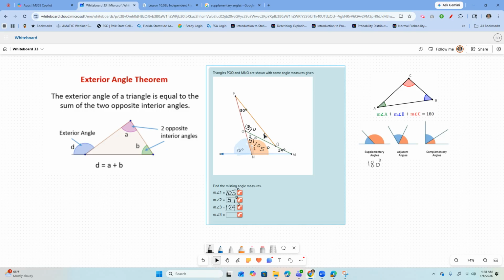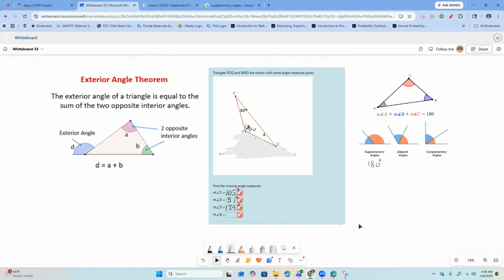And finally, we can find angle number 4. Again, if you ignore all of this, I'm going to focus on the triangle where angle 4 is located. So look, I'm hiding everything there. I want you to look only at the triangle you see right now. Okay, you have 3 angles inside the triangle. Those 3 together add up to 180.